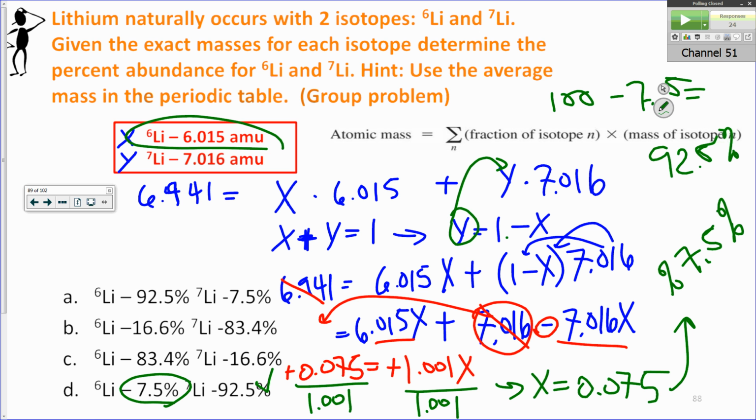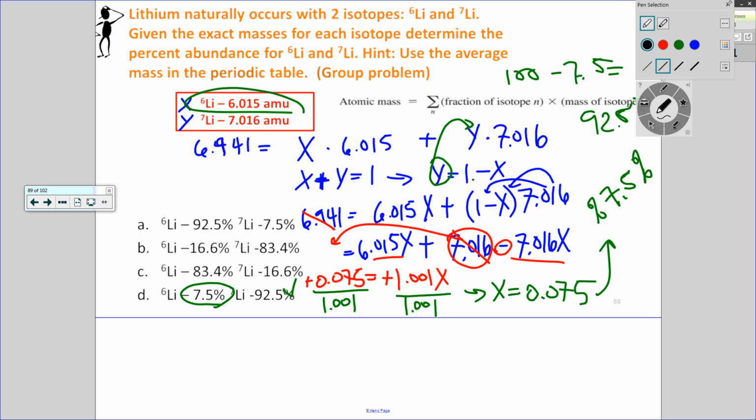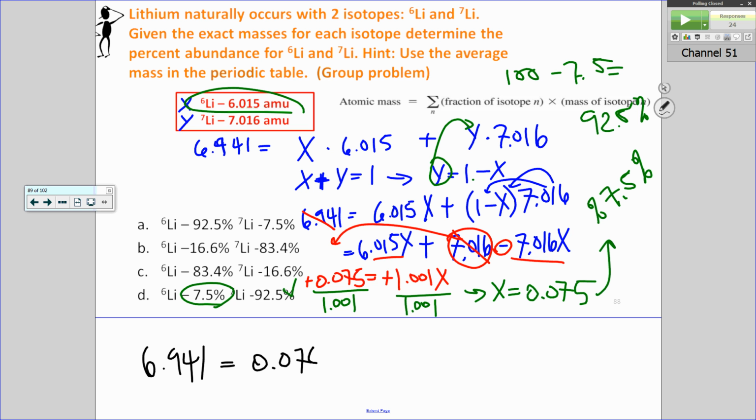Let me show you the cheat way you could do it. You know it's one of those four possibilities. So if you weren't sure which one it was, and you can't remember how to do the long way, the cheap shortcut would be to try it on every one of them.